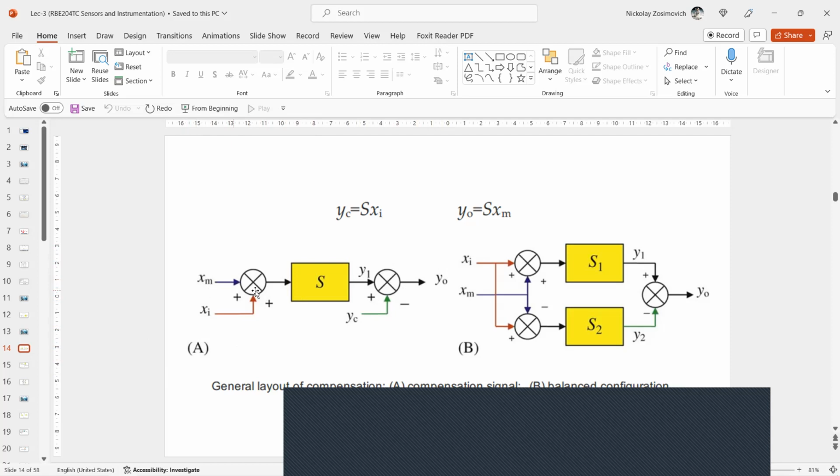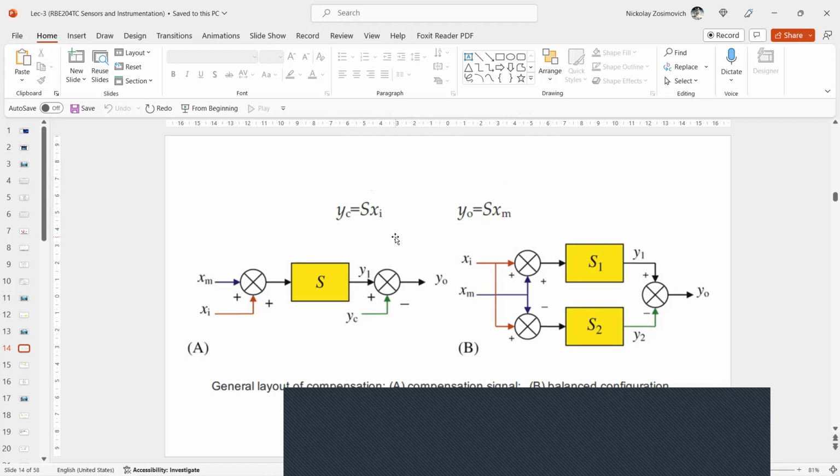From this output, a compensation voltage Y sub C is subtracted, so that you can see the minus. The condition for full compensation is that YC equals S times XI, making Y naught equal S times XM, independent of XI, as you can see, XI absent.